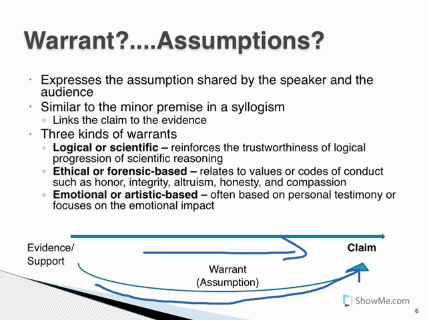We can also think of a warrant if we have a claim that I should take my umbrella. My data or evidence to support that is that it's actually raining outside, and my assumption would be that an umbrella is probably going to keep me dry.